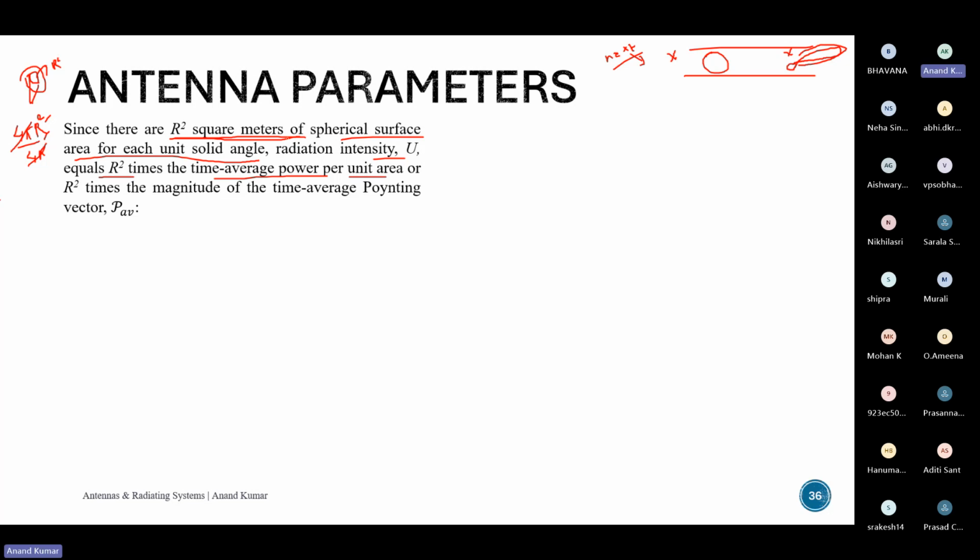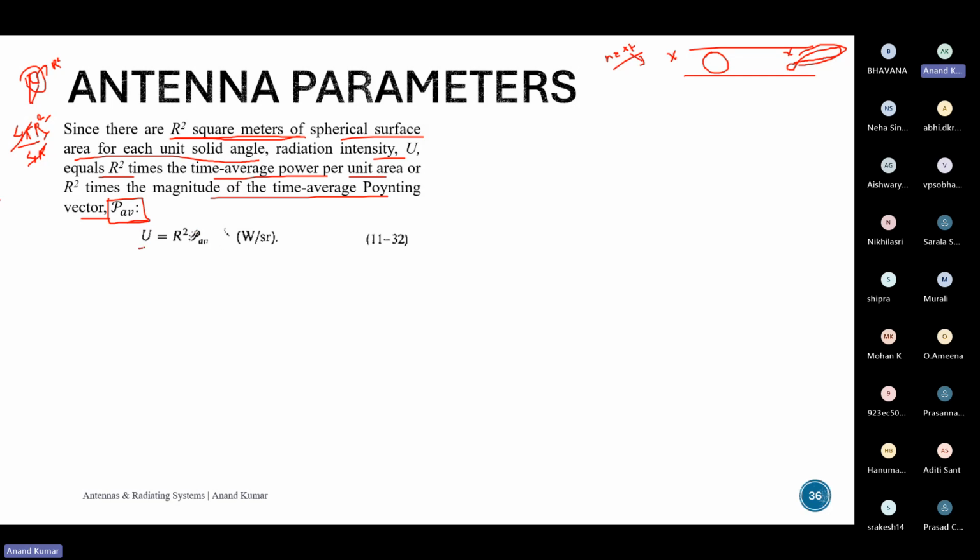the radiation intensity. So we have r square meters of spherical surface for each unit solid angle, and the radiation intensity equals r square times the time average power per unit area. And this time average power per unit area can be written as the magnitude of the time average Poynting vector P_AV.